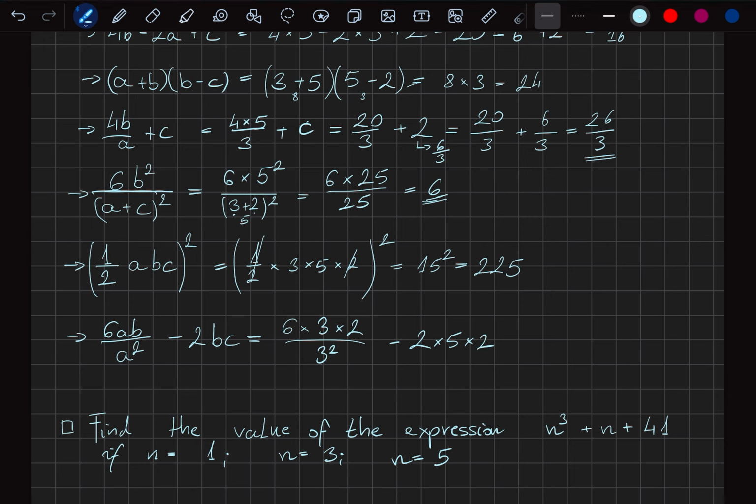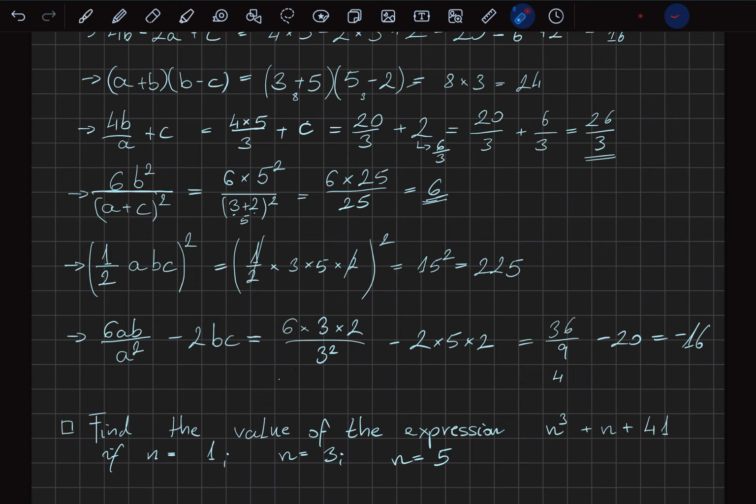So it will be 4, but 6 times 3 it's 18, times 2 it's 36, divided by 9, 3 times 3 is 9, minus 20 equal. So it's 4 minus 20, it's minus 16.